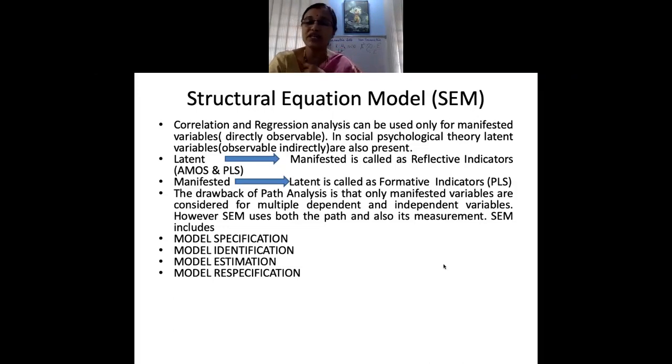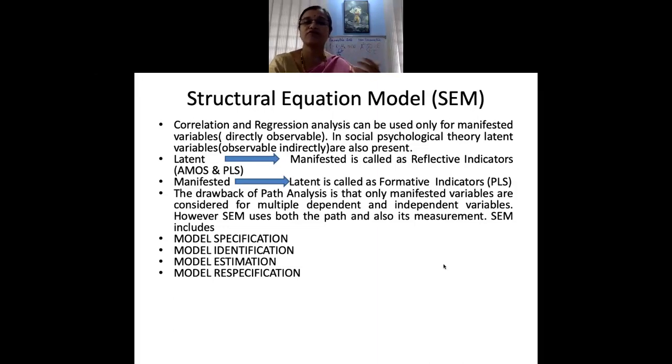Now, why is SEM used? What happens is there are two types of variables. One is called observable variables, that is, I can observe them, and some are called latent variables. Now latent variables are called your hidden variables. Okay, so you can do research from latent to manifested. Manifested is something that is observable. So latent to manifested variables, and from manifested to latent variables.